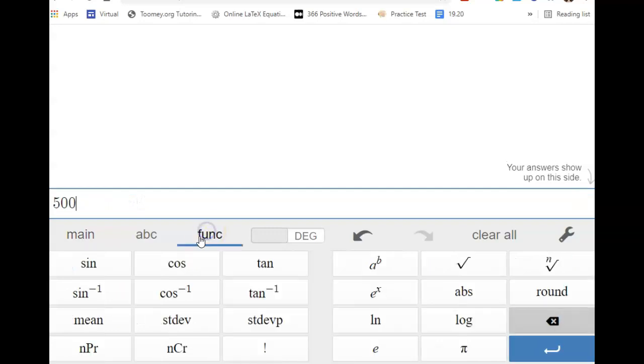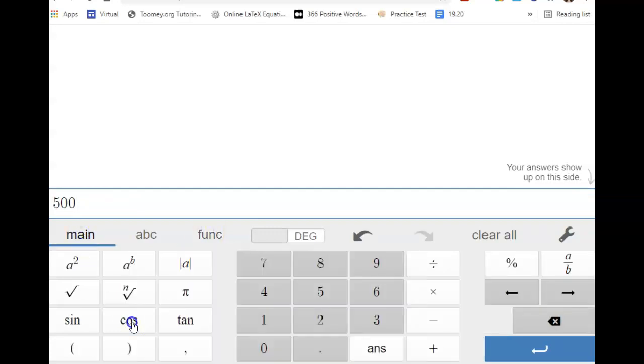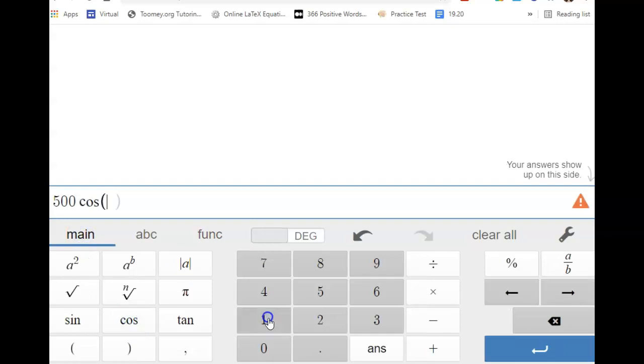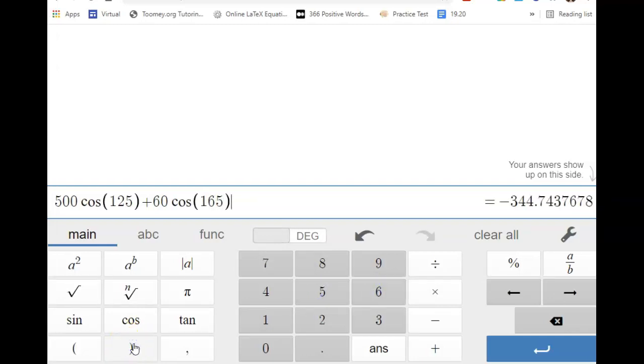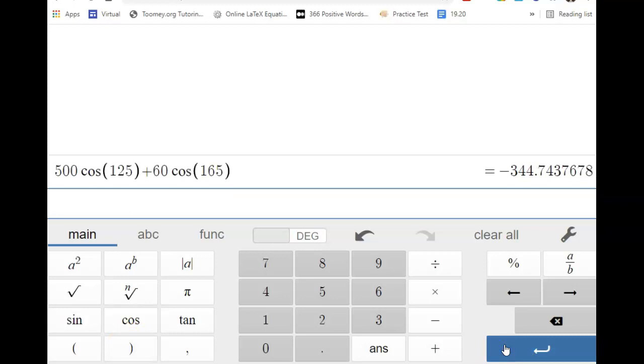Times the cosine of 125. I'm going to close my parentheses. I'm going to add that to the x component of the second vector. So that's going to be 60 times the cosine of 165. Close my parentheses. So that is my x component.